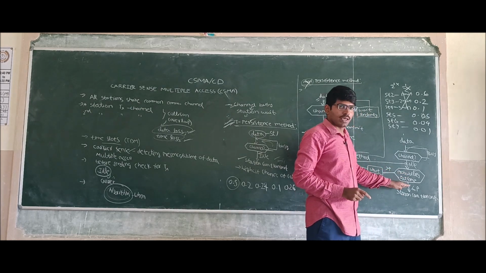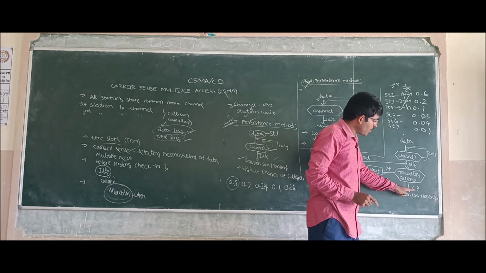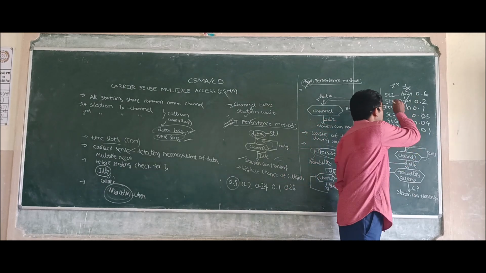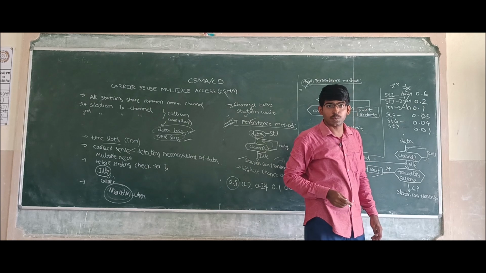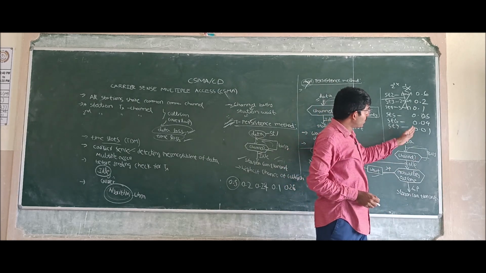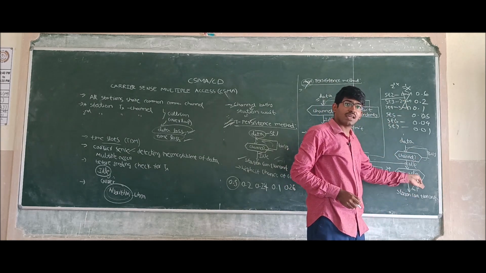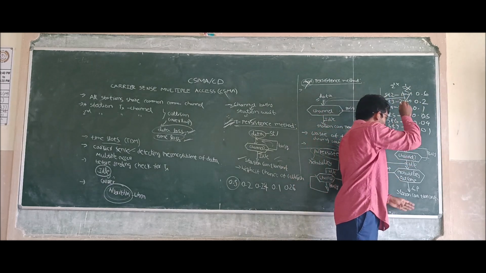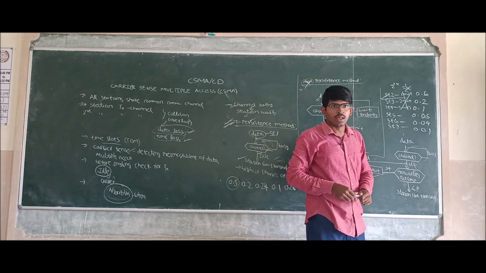Now which one has the highest probability? Station 2. Because the probability of station 2 is greater than all others, station 2 can transmit the information.